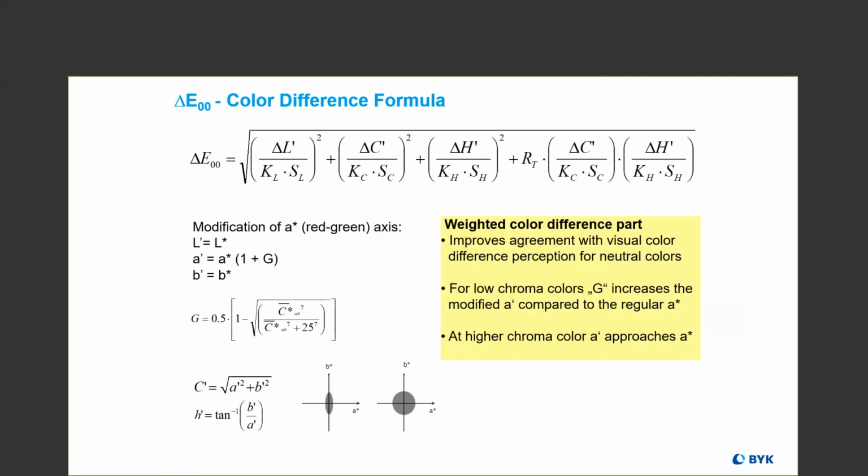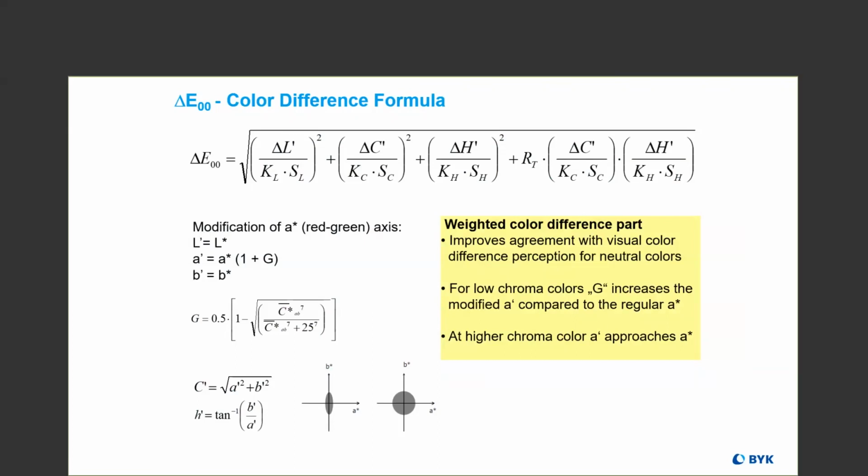And so this is for colors with very low chroma, so neutral or achromatic colors. It was found that the tolerancing for A colors, or the color differences in A colors, weren't quite matching up visually, and that A value needed to be stretched a bit.